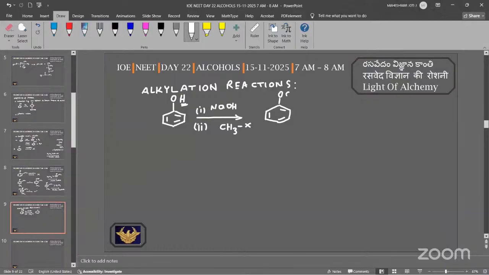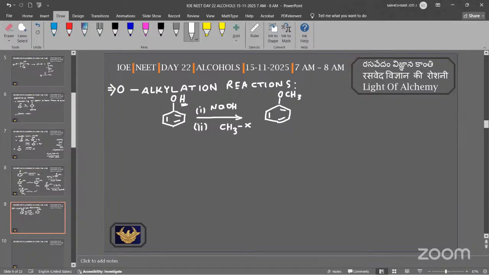The product is OCH3, methoxybenzene, right? So alkylation is occurring over oxygen. So these reactions are O alkylation reactions. O alkylation means alkylation on the phenolic oxygen.